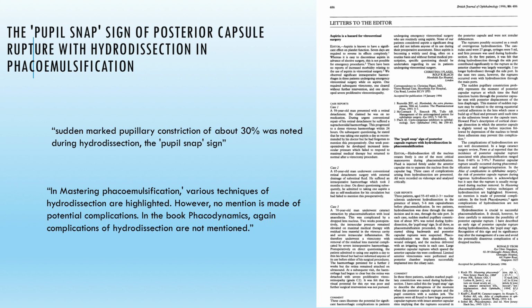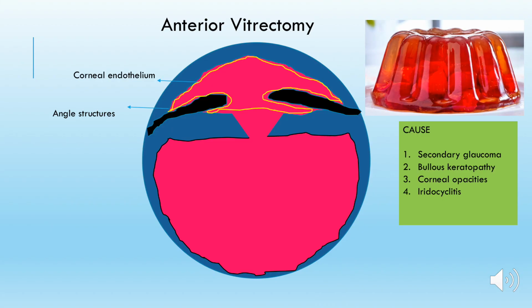Sudden marked pupillary constriction of about 30% was noted during hydrodissection in the pupillary snap sign, and this is what one should look for. If one encounters the pupillary snap sign, one knows that one might encounter vitreous at any point during the surgery.